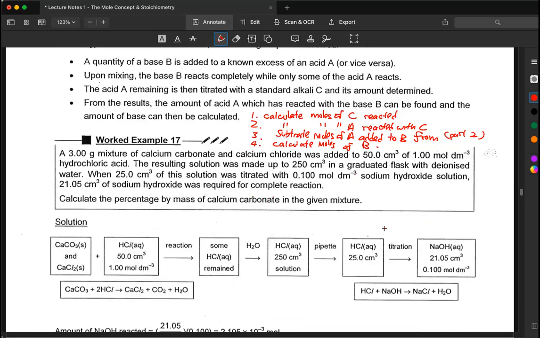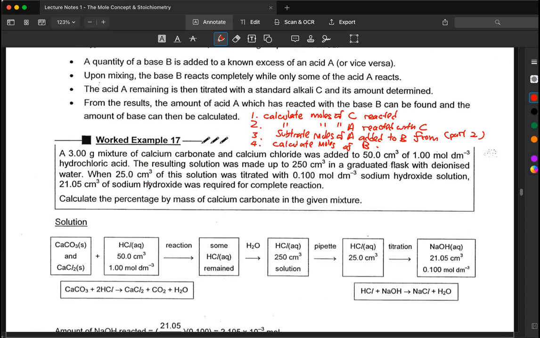Now, let's look at this word example. You have 3 grams of a mixture of calcium carbonate and calcium chloride added to 50 cm³ of 1 mole per dm³ of hydrochloric acid. What reacted was actually the carbonate. There was a reaction between carbonate and acid, but no reaction between the chloride and the acid.